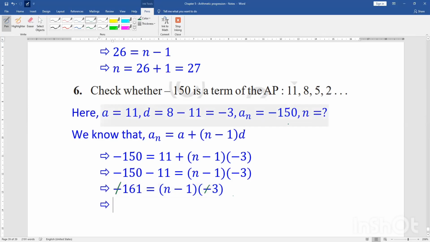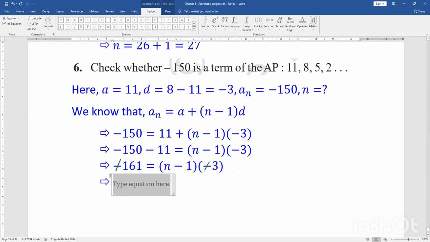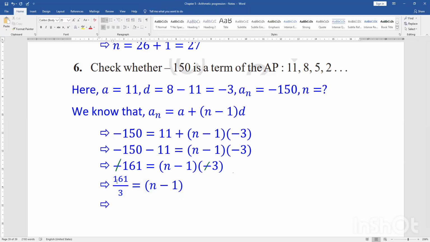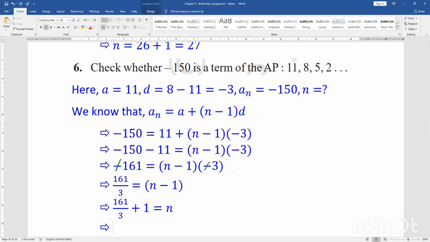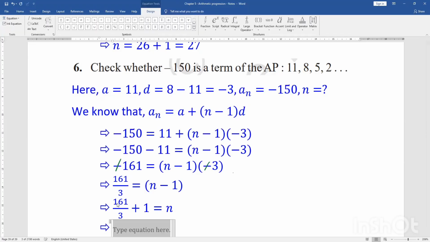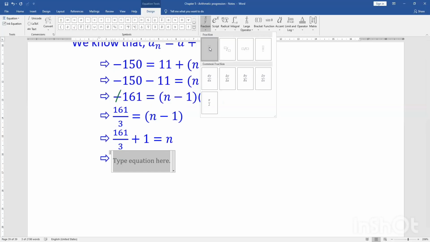And you're getting 161 divided by 3 equals n minus 1. Or I transpose the minus 1 to the left-hand side, so that means I get 161 by 3 plus 1 equals n. If you look at it carefully, you're getting a fraction, right, children? See here, I'm going to solve it.